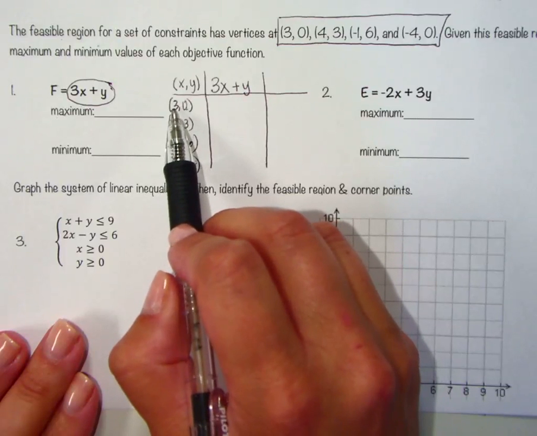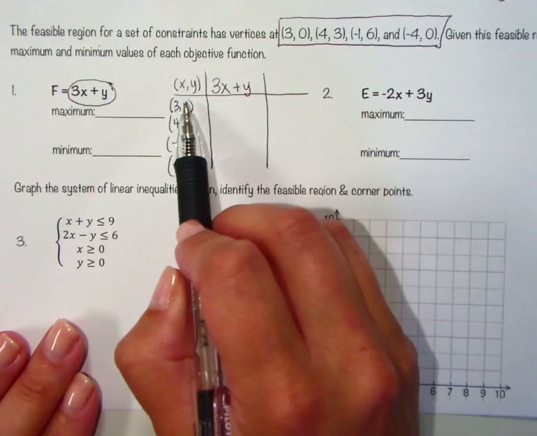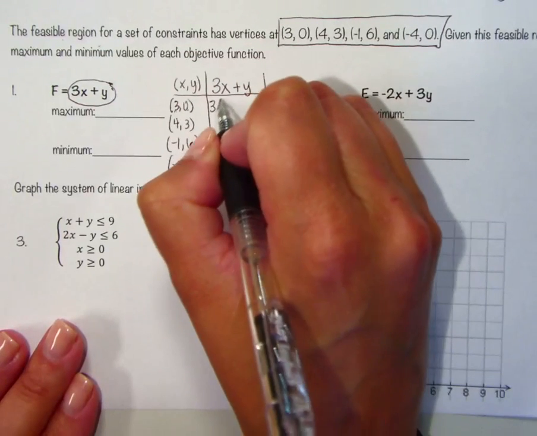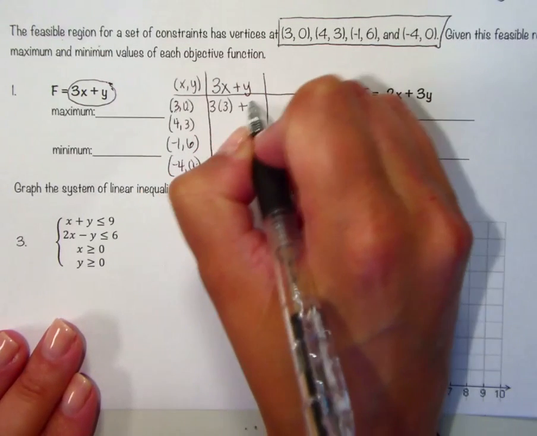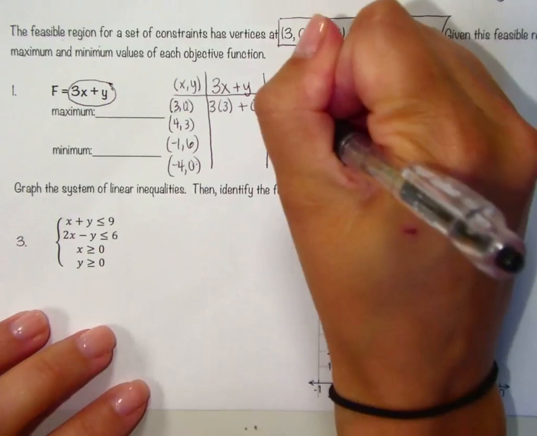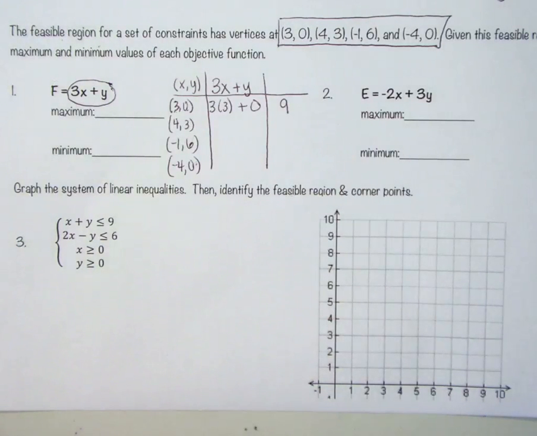So for each of these, we're simply plugging in, for example, 3 for x and 0 for y for the first one. In the middle, you're just showing that substitution. So 3 times 3 plus 0, which when we simplify that, our value is 9. So we put that final value in that last column.